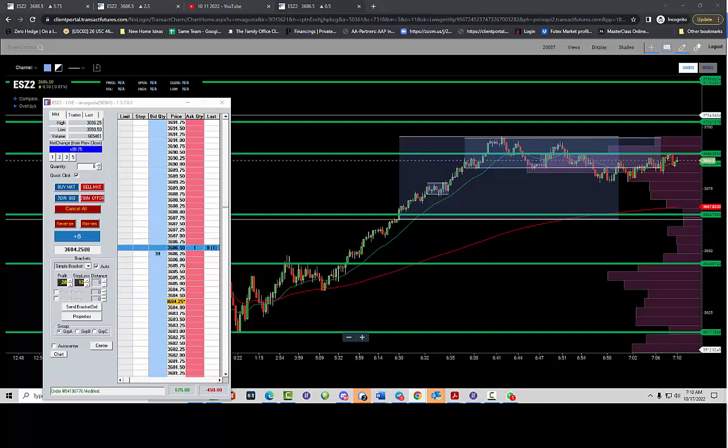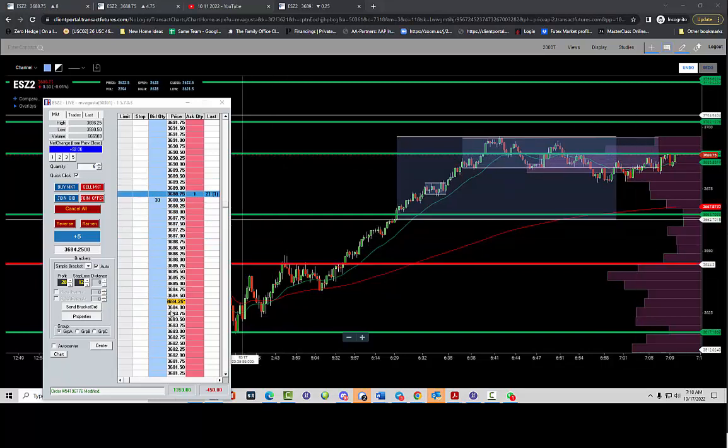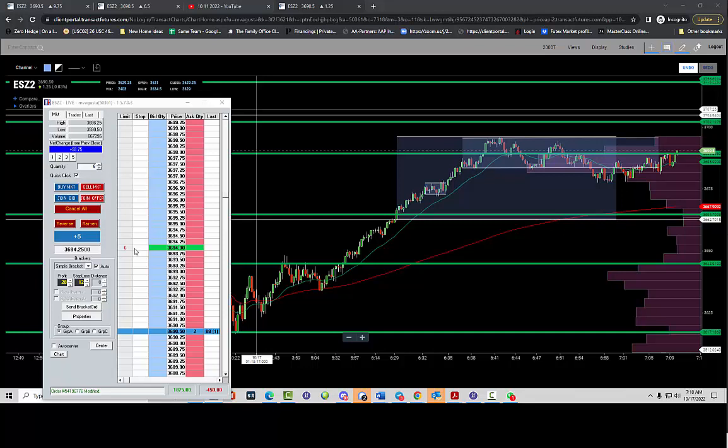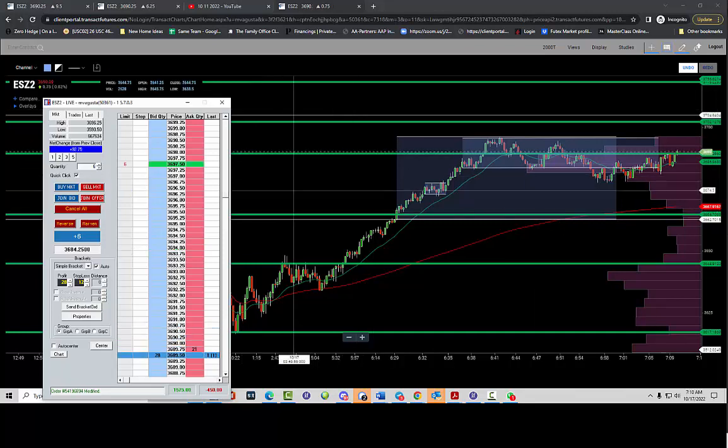So my second trade was at the close of this bar here. Tried to get into the tail here. I think I got in about right here. So my second trade was about right there, I think it was.